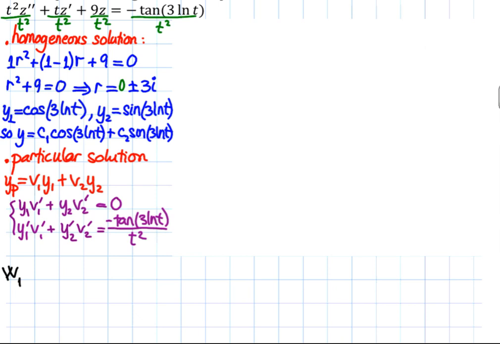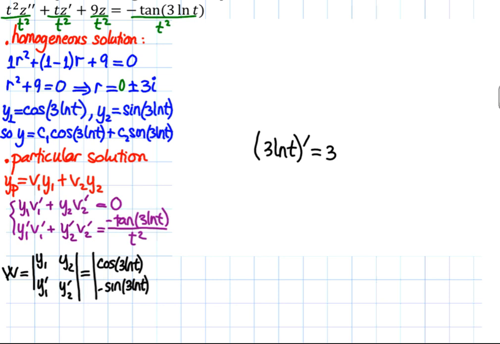W is the determinant of y1, y2, y1 prime, y2 prime. y1 will be cosine of 3 ln(t). The derivative of that is negative sine of 3 ln(t), and then the derivative of 3 ln(t) is 3 times 1 over t.